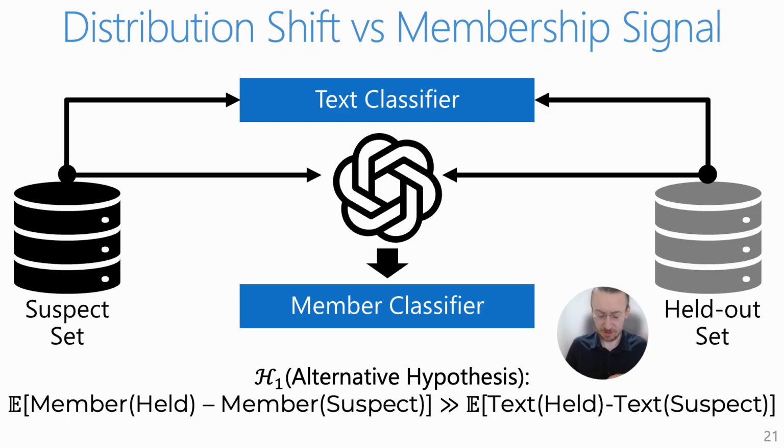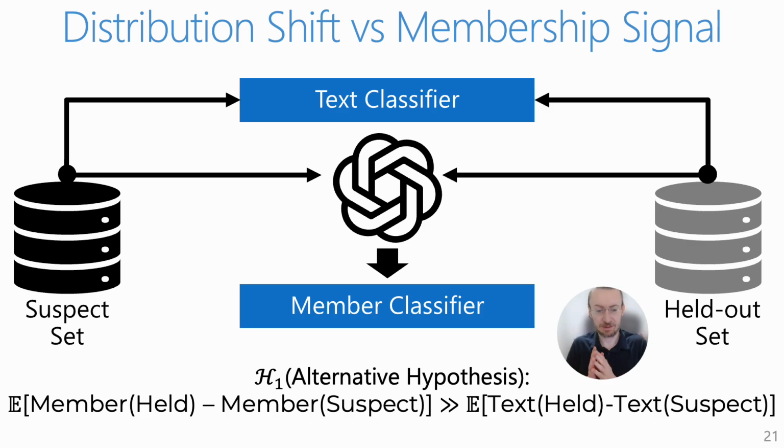The intuition is that the signal in the model itself would skew the member classifier result for the suspect set compared to the held out set. Remember that for held out set, we set the scores to be close to 1, for a suspect set close to 0. So if the suspect set was seen by the LLM, these scores would be very much different and on average close to 1.